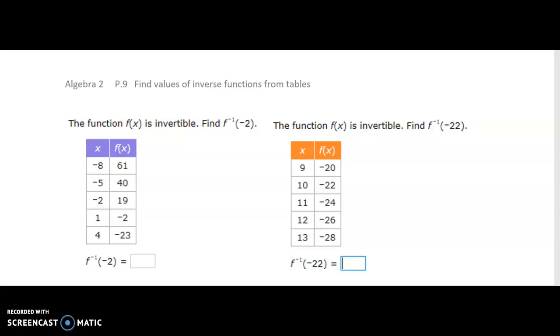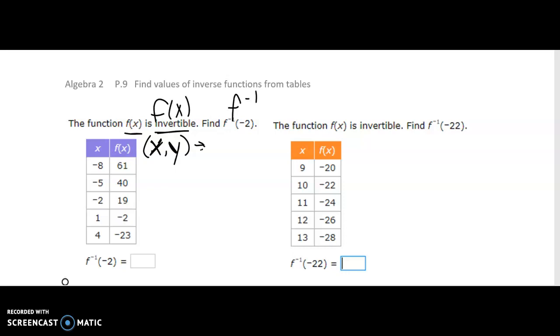So let's recap. The function f of x is invertible, which means it's 1 to 1. If you have an original function and it's invertible, which means it has an inverse, then its inverse, this is f of x, which is xy.